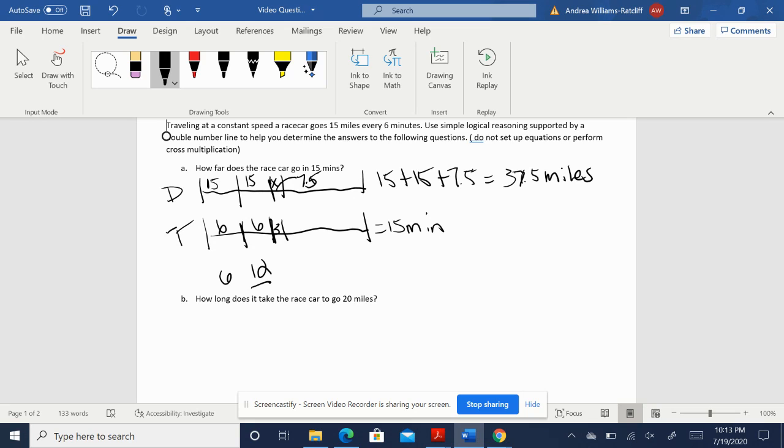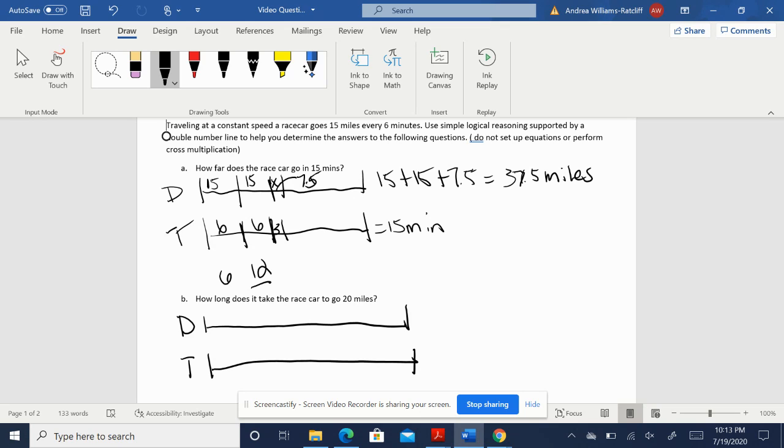Okay, so we want to do the same thing down here to think about how long it takes to go 20 miles. Up here, we were looking for distance. Down here, we're going to be looking for time, but we're still going to be using those same two number lines. So I'm going to draw my line here for distance and another one here for time.